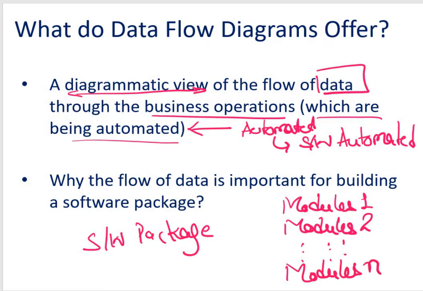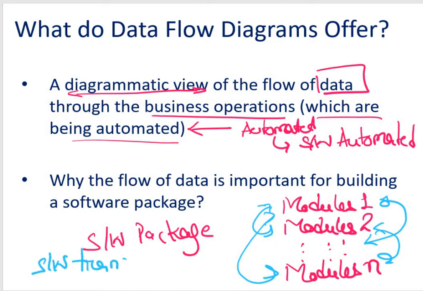There will be some interaction between these two, or between these two, or any possible one here. And every interaction will be because of either some verification, validation, some data storage, or some possible transaction. Some software transaction, to be very specific. So for a software transaction, some amount of data flow is going to take place.